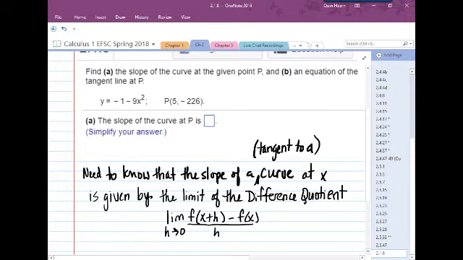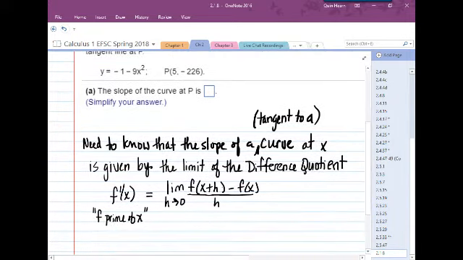This also happens to be called the derivative, and the notation we use for the derivative is read f prime of x, or it's called the derivative of f.